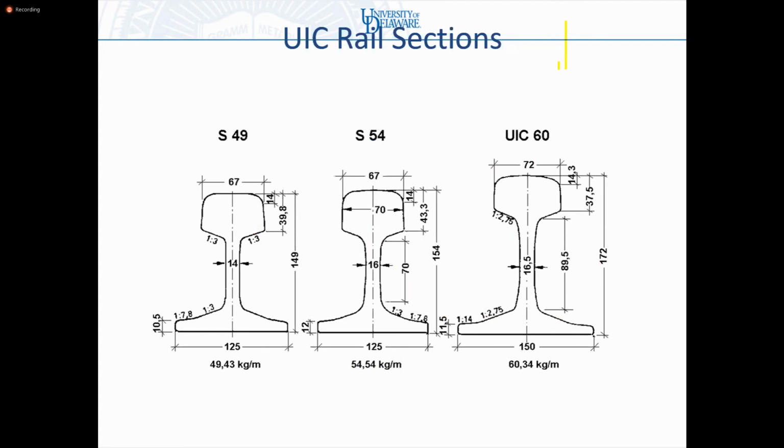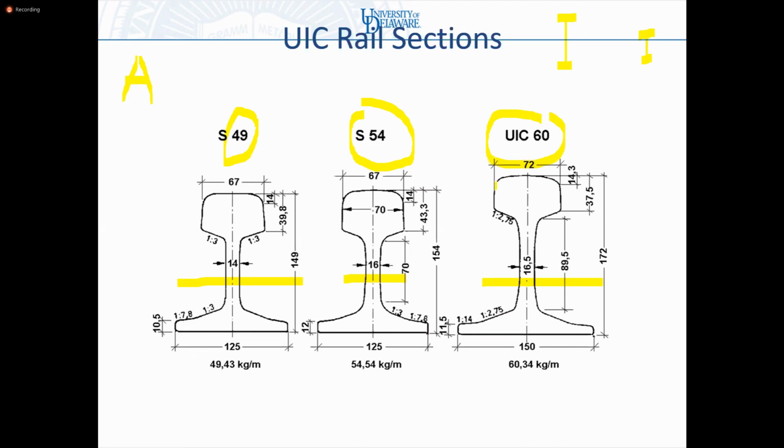The other parameter I have to deal with is my moment of inertia. Just like we dealt with A for the thermal forces, we're going to deal with I for the moment of inertia here. The moment of inertia is, again, the vertical inertia around the neutral axis in the vertical plane. So you can have a different moment of inertia if I have different rail section sizes.